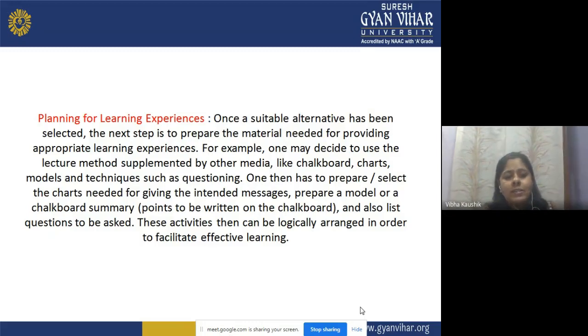Planning for learning exercises. Once a suitable alternative has been selected, that I will teach with this method and use that medium, the next step is to prepare the material needed for providing appropriate learning experiences.